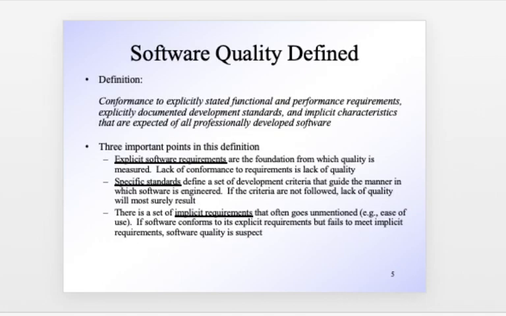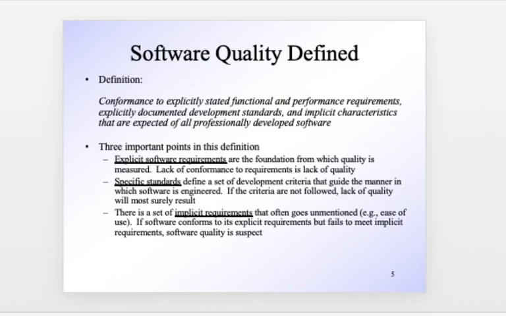If you look into the definition of software quality, the definition clearly says conformance to explicitly stated functional and performance requirements, explicitly documented development standards, and implicit characteristics that are expected of all professionally developed software. If you look into this definition, which probably runs to about 3 lines, there are 3 important points that you can probably look at from this definition.